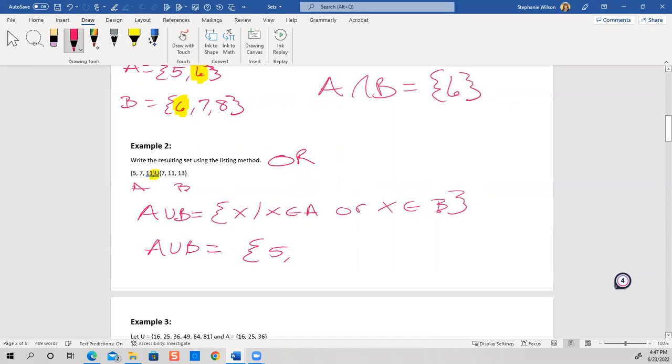If you notice, 7 is in A and 7 is in B, you would not list that twice. You would just list it once. And there's 11 in A as well as in B, so we only list it once. So every number that's in those sets, we just list them once. And that's our answer.